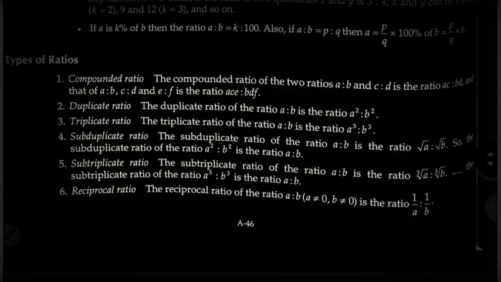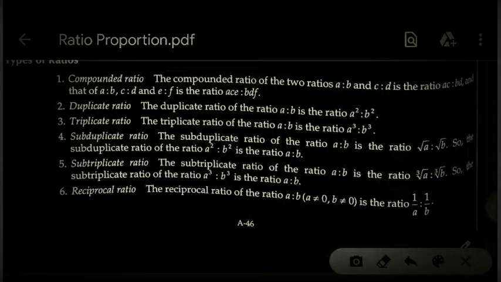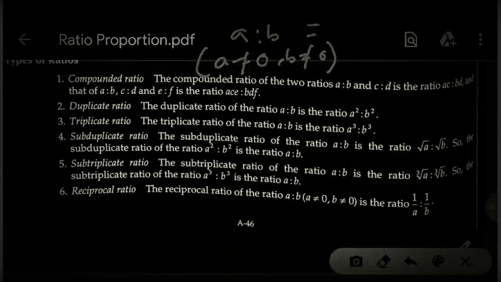Now the reciprocal. If a is to b, then the reciprocal will be, and here you have to remember that a is not equal to 0 and b is not equal to 0 always, 1 by a is to 1 by b.